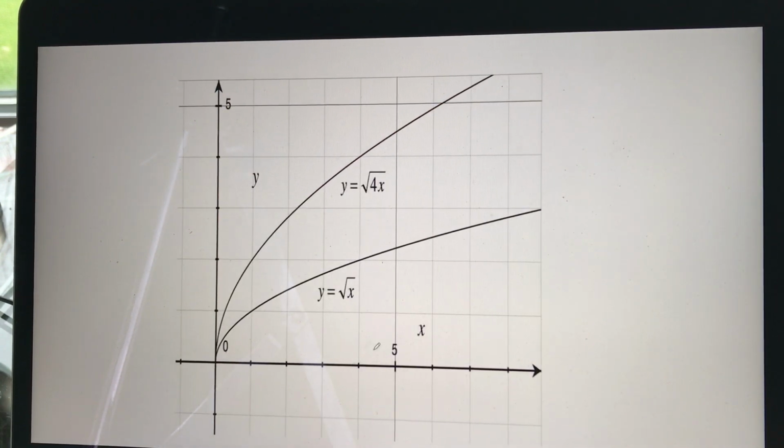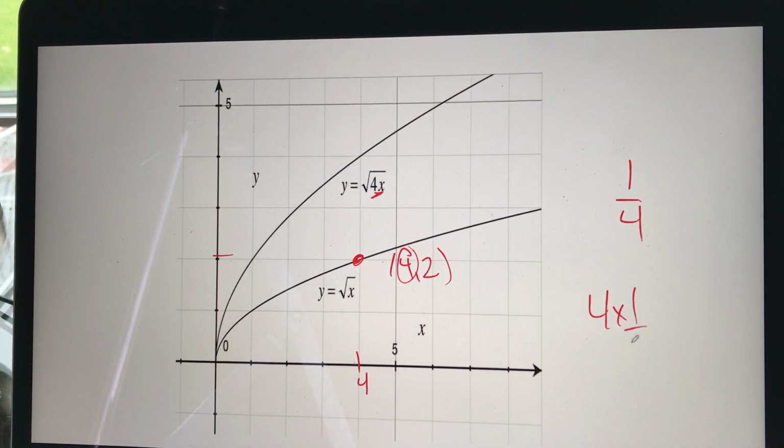Quick illustration here as well. Here's our square root function. So we have the basic square root. This is 4, and that's 2 right there, because the square root of 4 is 2. If I have this k up here as 4, that means multiply the x values by 1 over 4. So this x value 4 will be multiplied by 1 over 4, which is 1.